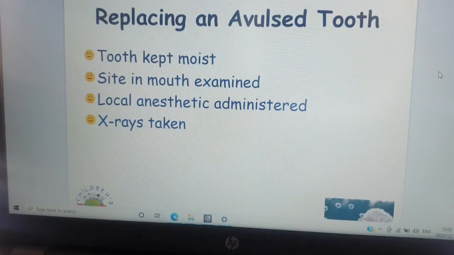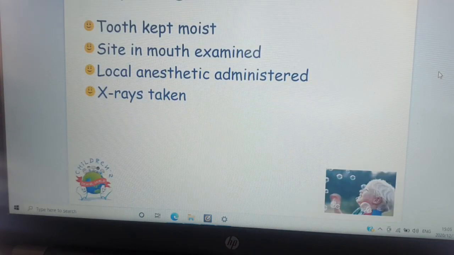Then from there, this slide talks about replacing an avulsed tooth. This is a tooth that is driven completely out of its socket, where the tooth has to be kept moist, either with a damp cloth or milk. Then the site in the mouth is examined, we clean off debris as well, and then we administer local anesthetic.